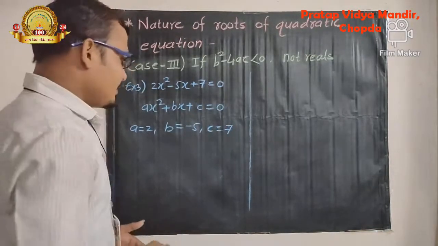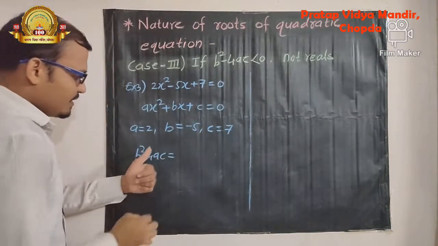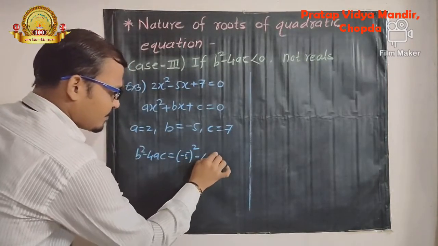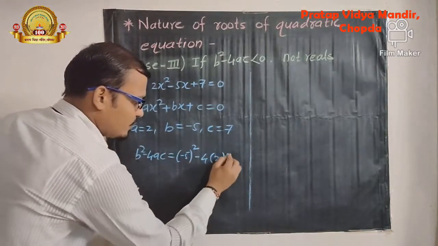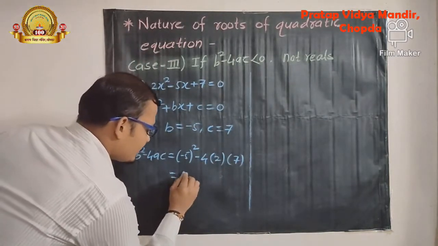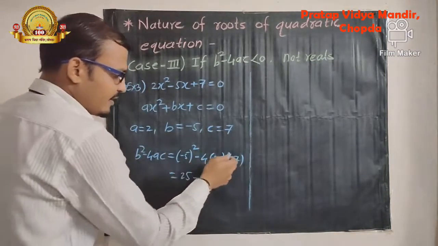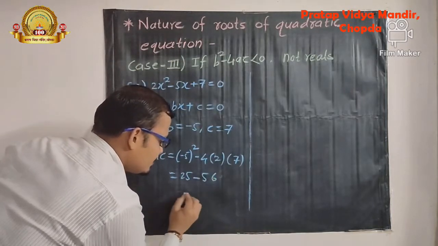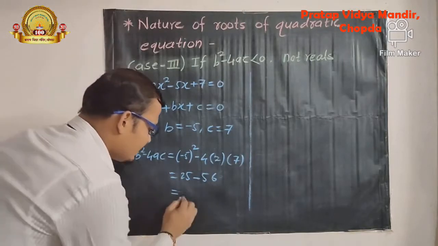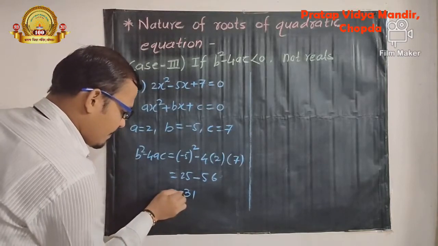Then we find the value of b² - 4ac. Value of b is -5, -4, value of a is 2 and value of c is 7. So here (-5)² is 25 minus 4 into 2 is 8, and 8 into 7 is 56, and if we subtract this 56 from 25, then we get -31.